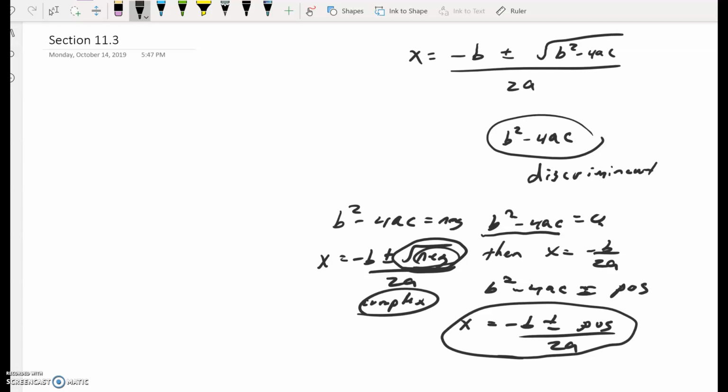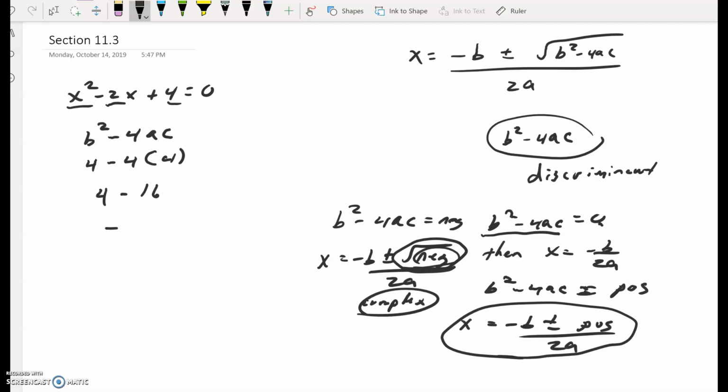And so the first couple of problems go kind of like this. Instead of finding the solutions, just describe how many and what kind they are. So we're going to do a b squared minus 4ac calculation. b squared is negative 2 times negative 2, that's 4. a times c is 1 times 4, that's 4.